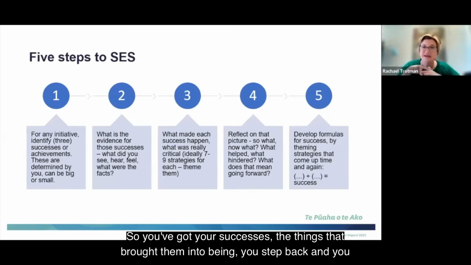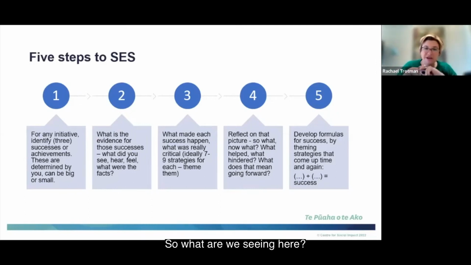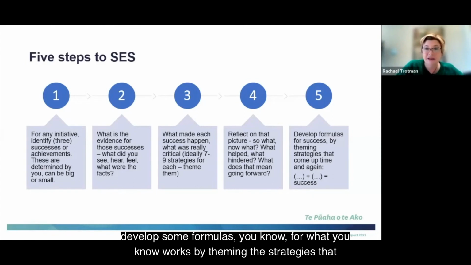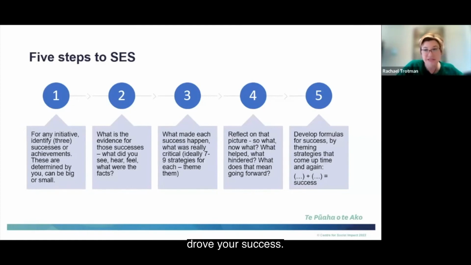You step back and you reflect on that picture. So what are we seeing here? What really helped us? What got in the way? What does all this mean going forward? And then she says, if it's appropriate, you can then actually develop some formulas, you know, for what you know works by theming the strategies that drove your success.